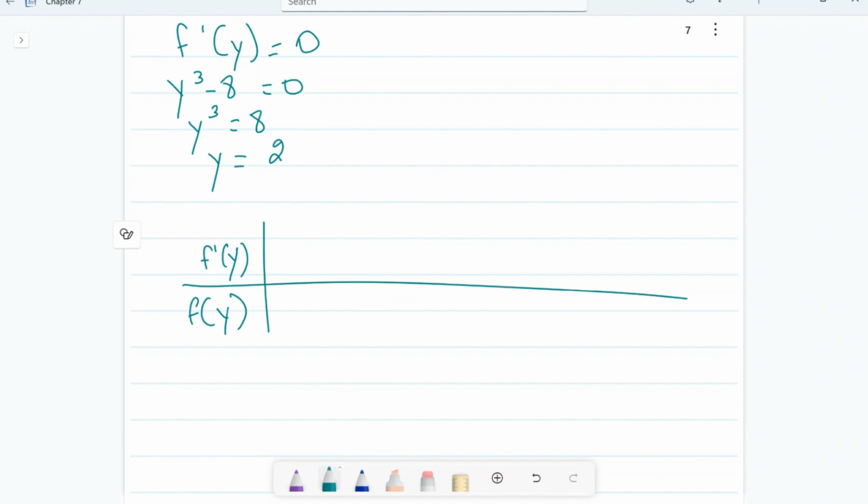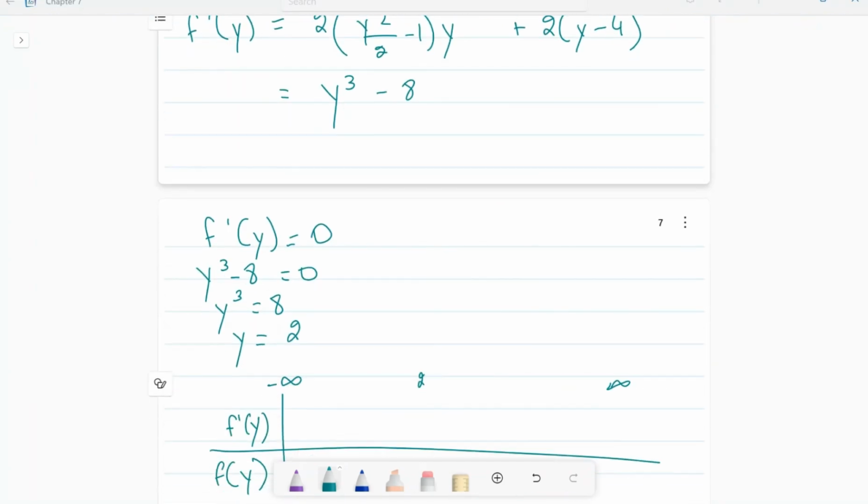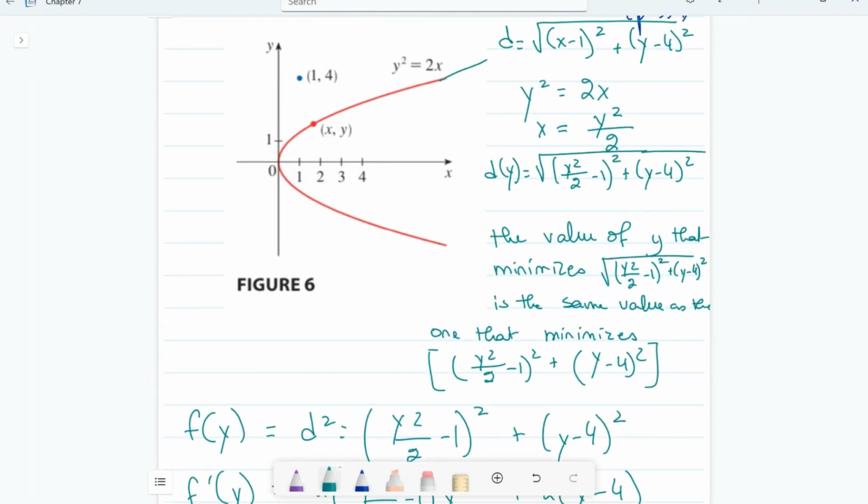So I can go from negative infinity to 2 to infinity. Note that in this question, we don't have any restrictions on the domain because we are looking at which values y can exist. And notice that the range of this function is all real numbers because it will keep on continuing.